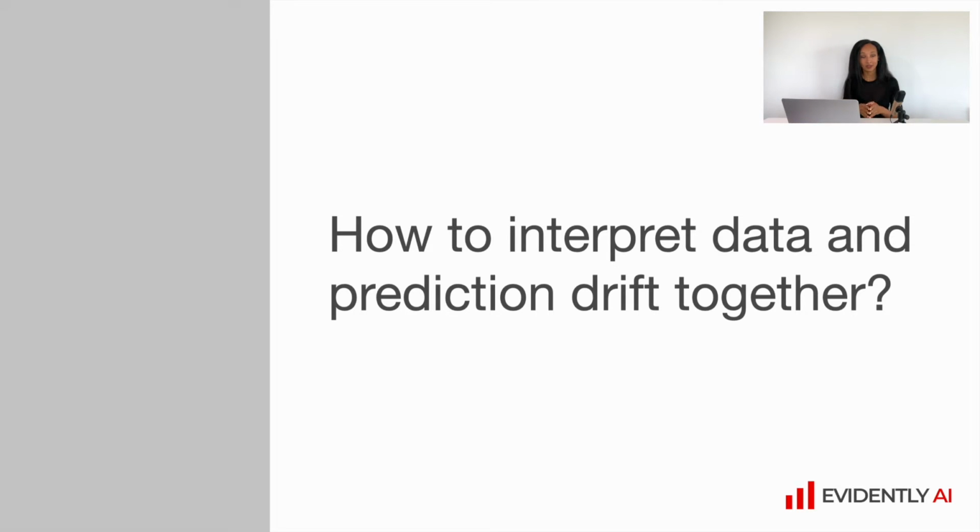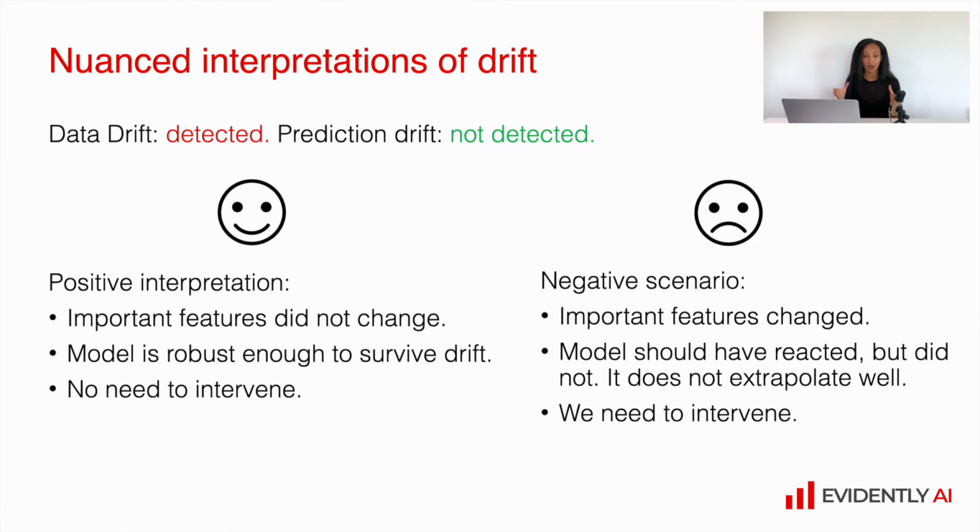Well, finally, let's talk about the interpretation. So how to interpret data and prediction drift together? Well, there are quite a lot of nuances, and this is again the reason why I do not personally recommend you to blindly use data drift as the trigger for retraining, because sometimes the drift doesn't mean that you have any issues with your model at all.